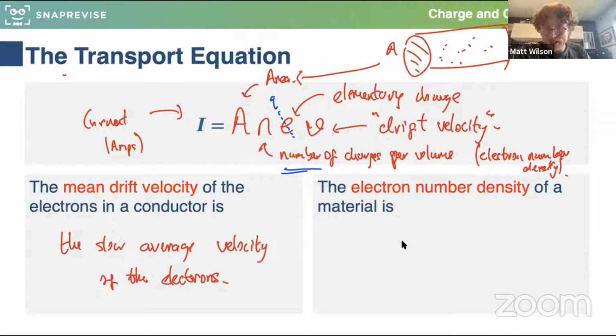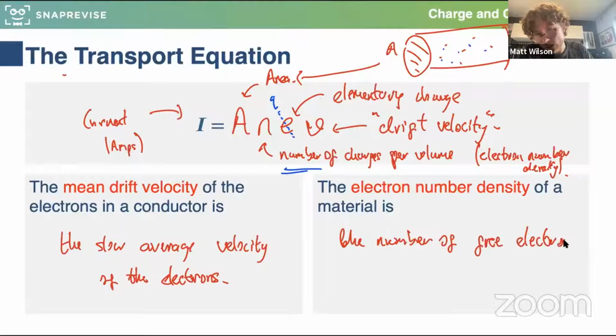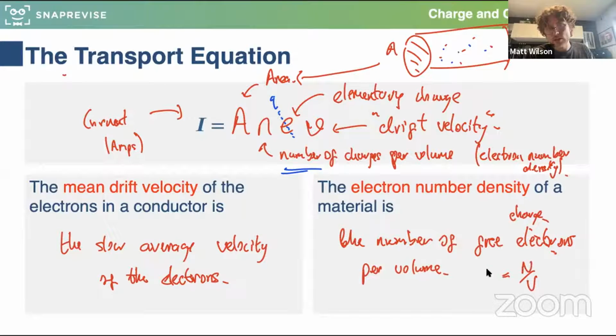This electron number density is the number of free electrons per volume. And in the case that you are asking about, the word electrons would be just replaced with the word charges, in case you had some other Q instead of E. Okay, so if the number of free electrons is given the symbol capital N and the volume of our wire is called V, then this electron number density, we give that the symbol little n, as we did here.